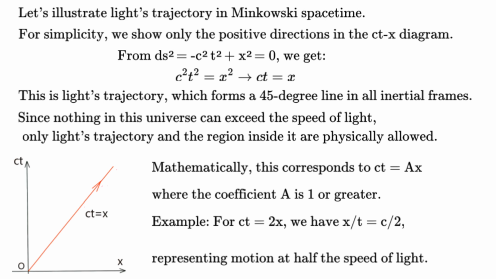Since nothing in this universe can exceed the speed of light, only light's trajectory and the region inside it are physically allowed. Mathematically, this corresponds to ct equals ax, where the coefficient a is 1 or greater. For example, for ct equals 2x, we have x over t equals 1/2 c, representing motion at half the speed of light.